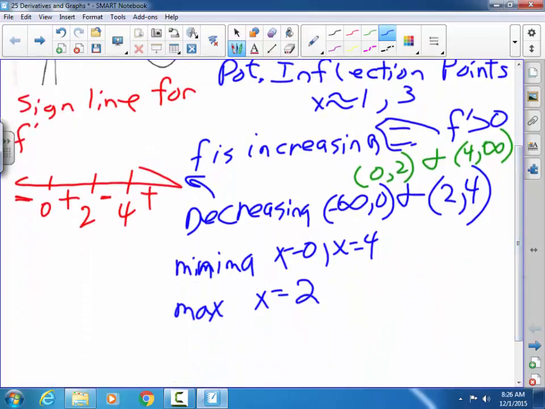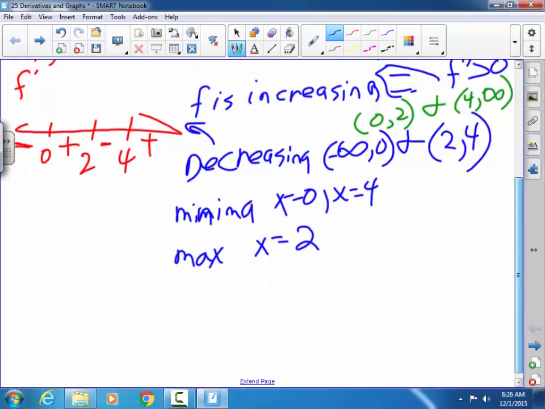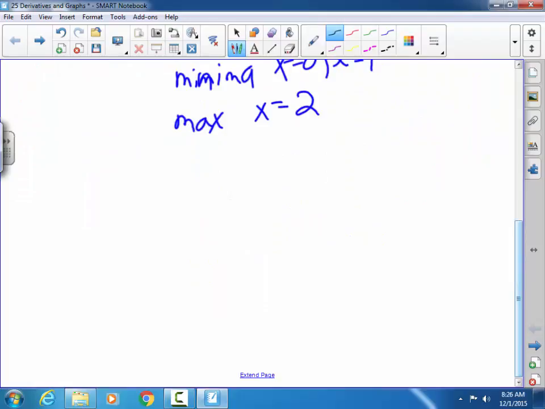We know where the function f is increasing. We know where the function is decreasing. Now, can we do the same thing that we did for f prime for f double prime? By that I mean, can we come in here and can we make a sign line for f double prime?